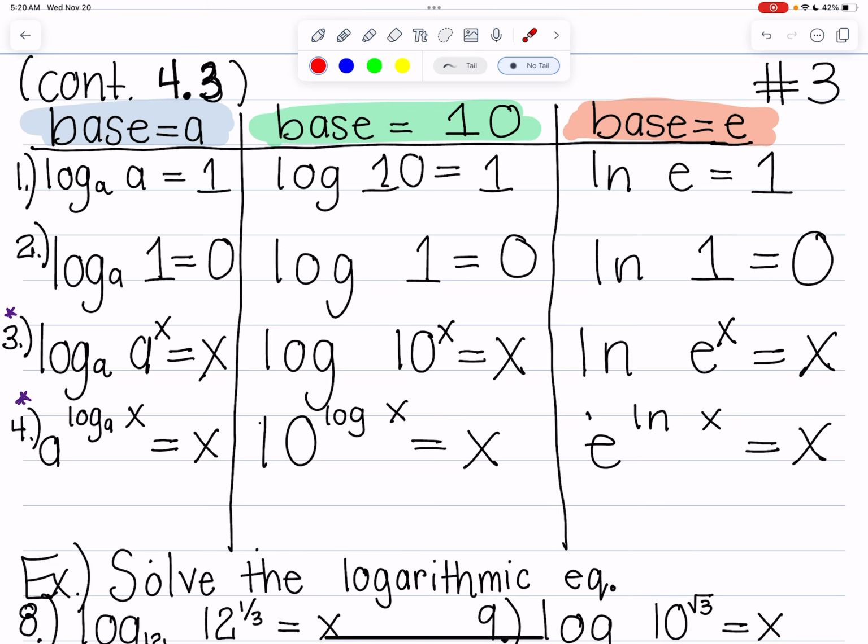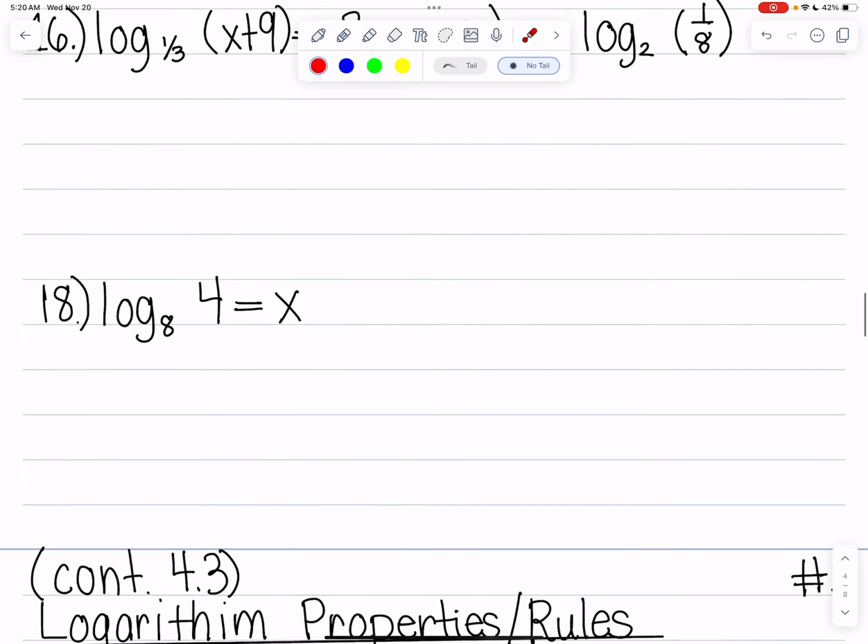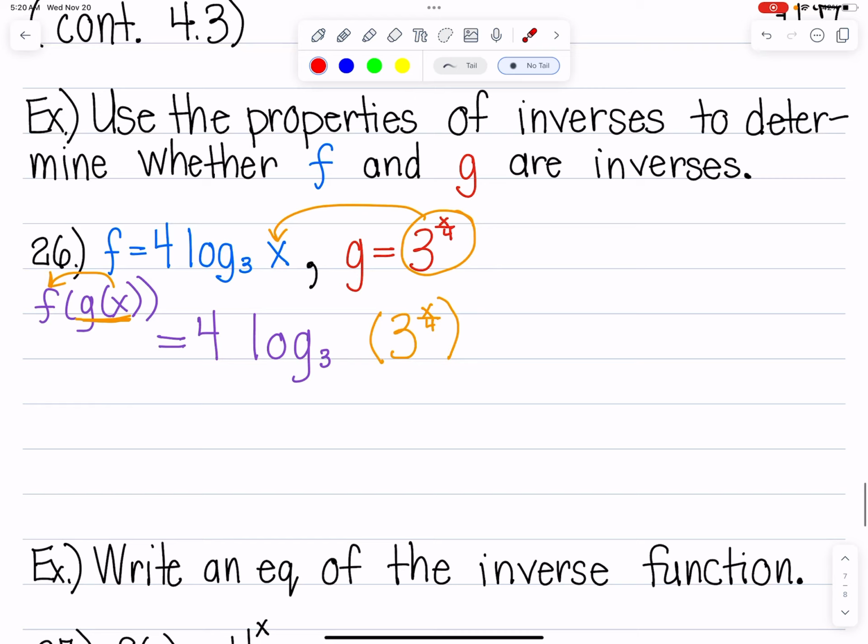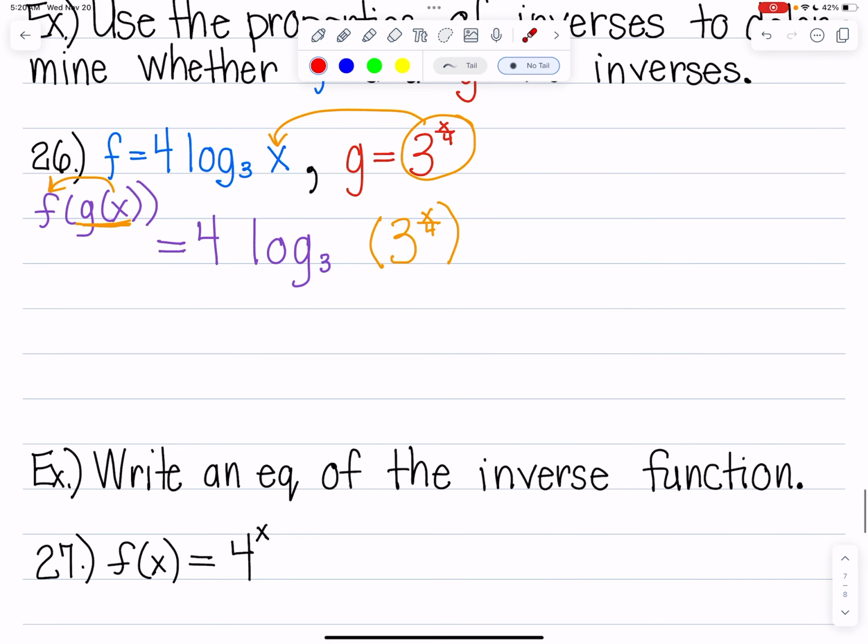So let's go back here. These would cancel each other out. This log base 3 will cancel out this right here. That's what would happen. When you cancel that out, you're left with this.